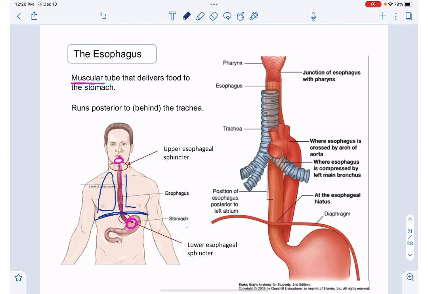We have pleural cavities on each side that contain the lungs. Pericardial cavity would be about right there. And so it's the job of the esophagus to move the food bolus down through the thoracic cavity, past the heart, past the lungs, and get it into the stomach. And this doesn't take very long, only a few seconds to get it there.